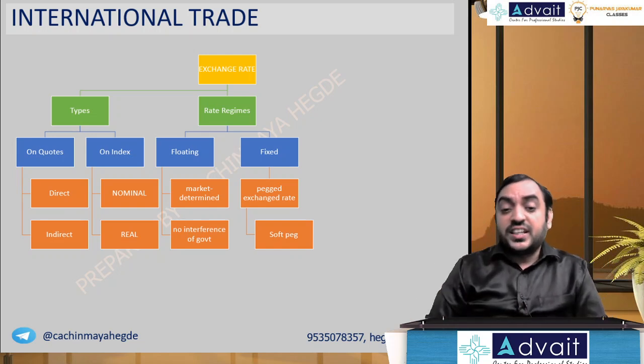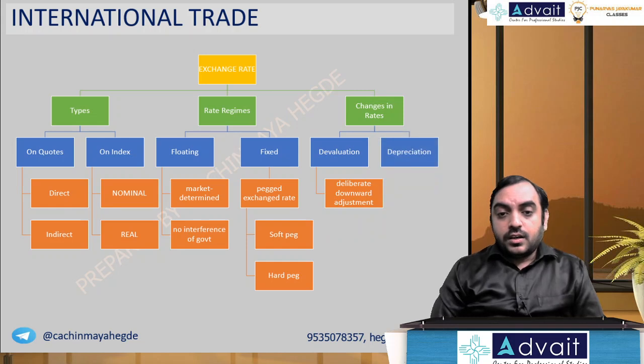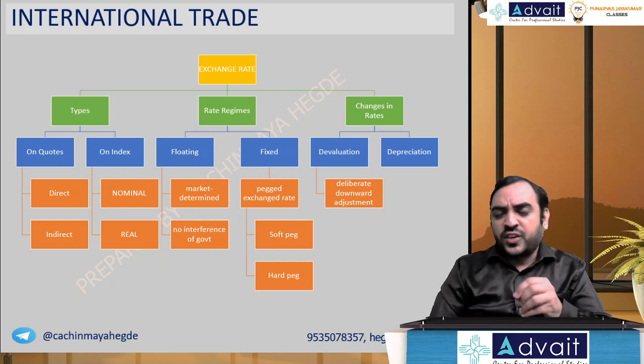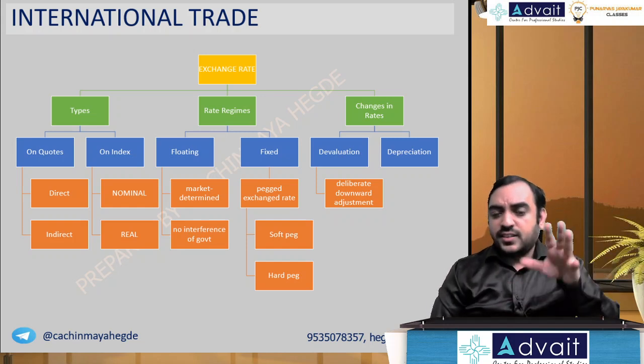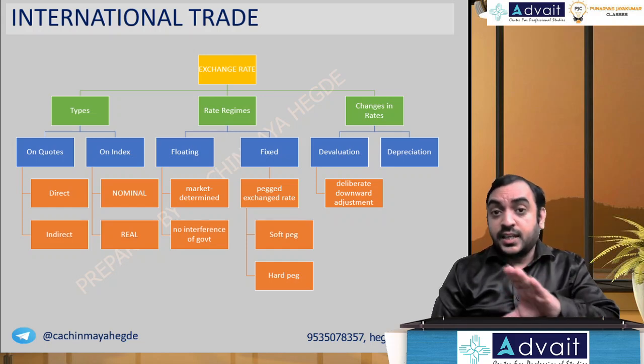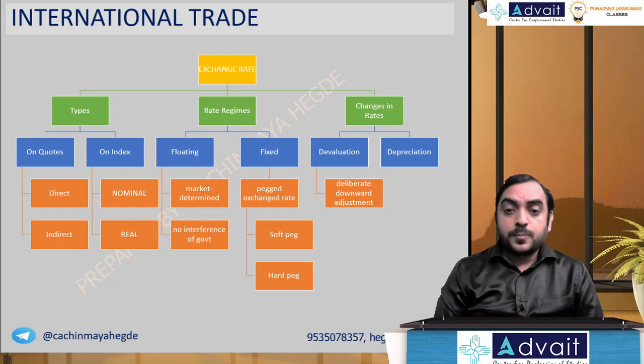That is called fixed or soft peg. I mean, they have soft peg and hard peg, where one portion is fixed and they will make small fluctuations. They will review it. That's what is hard peg, soft peg. But what you remember is that the fixed rate is determined by the government authorities by negotiation between two countries.